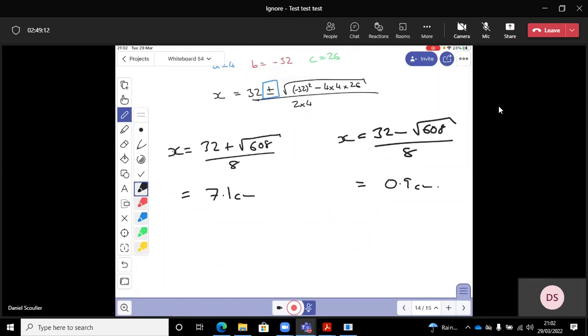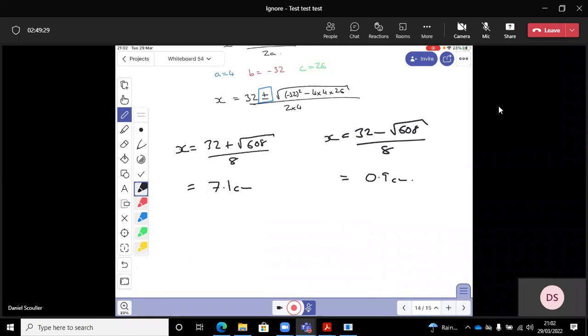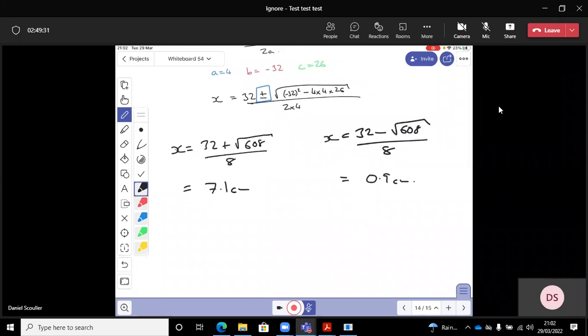Okay, what might throw you here is there's two answers. Now what sometimes happens is one really obviously is correct and one's wrong. Okay, neither jumps out at me as being right or wrong. Just leave it as is. Okay, that's your two answers.